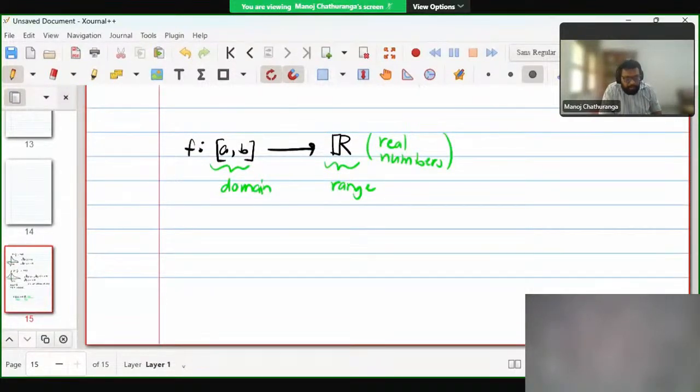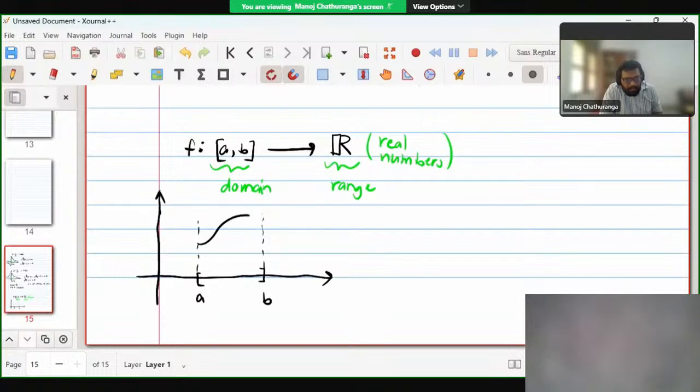So that means we can think of AB as an interval on the real line. For every point in this interval, we have a value. And so we can draw the graph of this function.